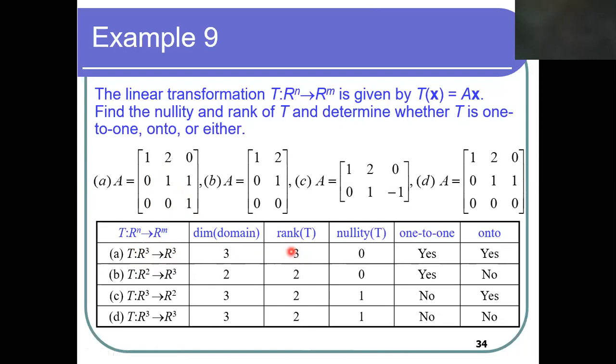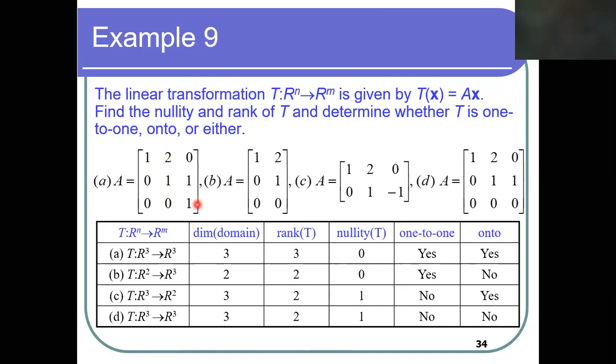Now if you go back to the rank-nullity theorem, it says that rank of transformation plus nullity of transformation is equal to the number of columns of the m cross n matrix.